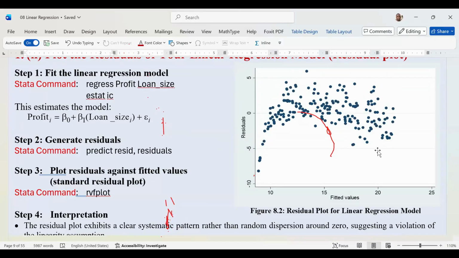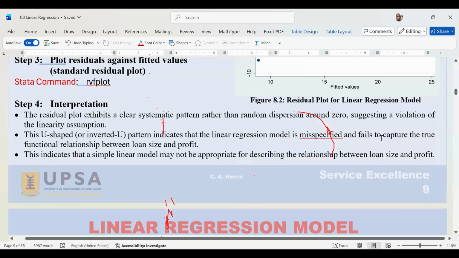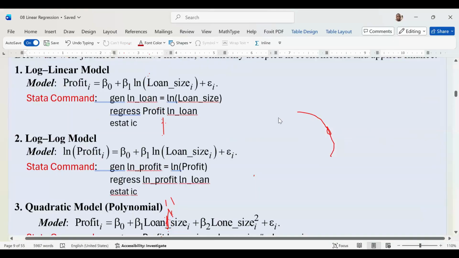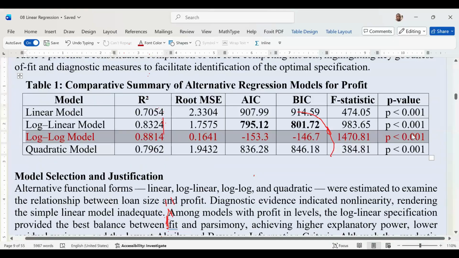Usually logarithmic works with most models, so the first transformation you do is logarithmic. First transform only the independent variable, then transform both the independent and the dependent variables. Then you do the model comparison and see which one fits better. So here our optimal model is the log model.